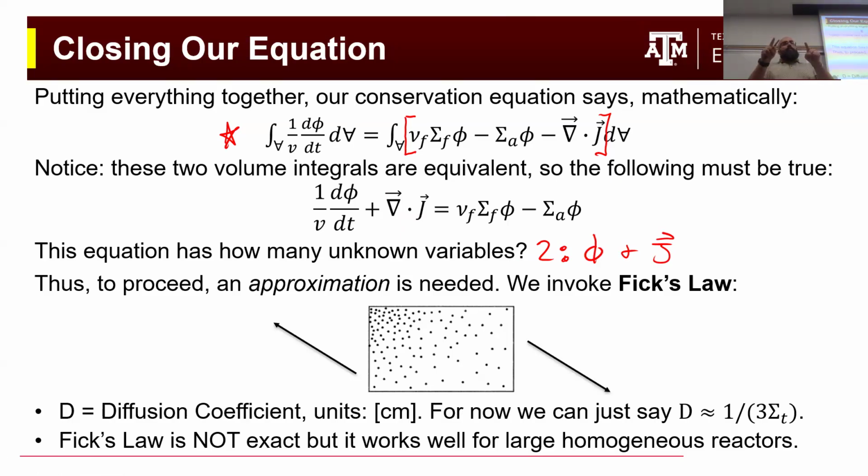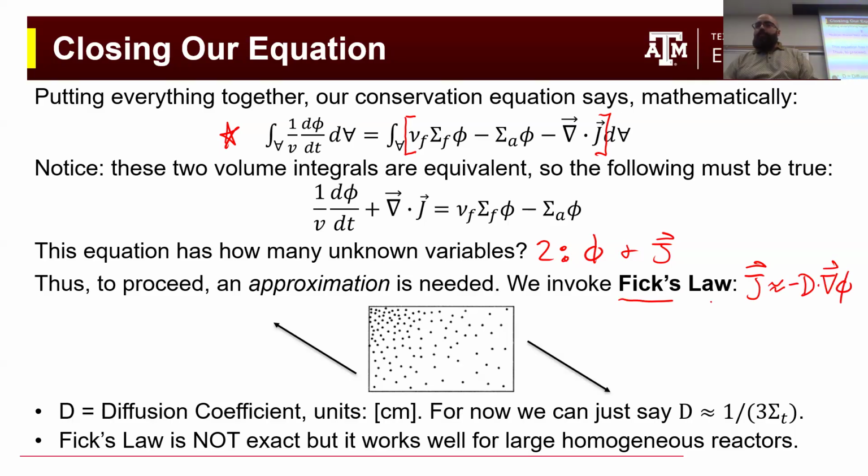So if I want to move forward, I need some way to close the equation. And to do that, I'm going to make an approximation. You can make lots of approximations, but some of them are better than others. In this case, I think the best approximation to make is that we can say that that net current J is approximately equal to minus D times the gradient of our flux phi.